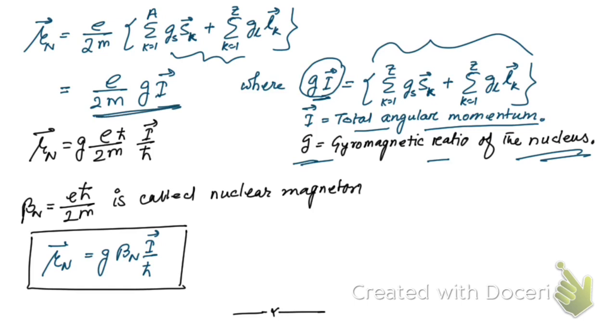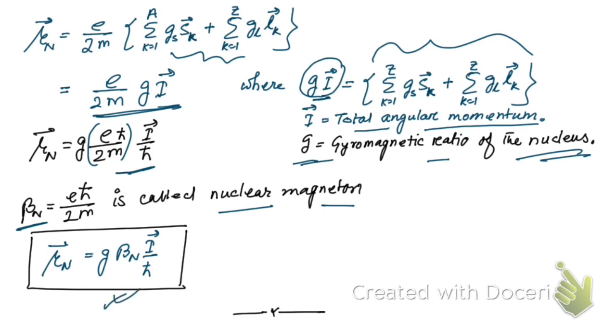And here you see we have multiplied by h-bar here and also in the numerator, then we have got this expression, and this term is called the nuclear magneton, beta n. Okay, this is called the nuclear magneton.